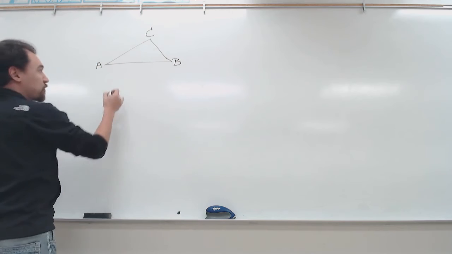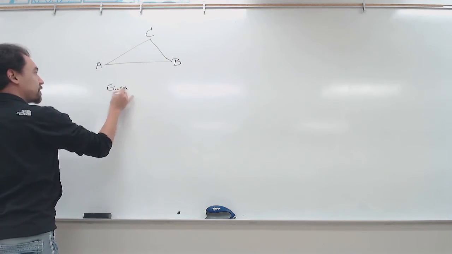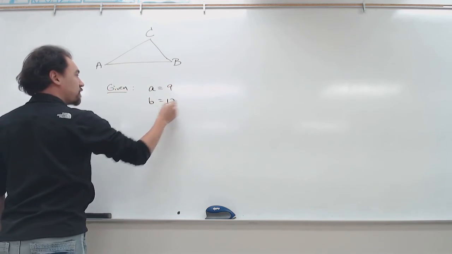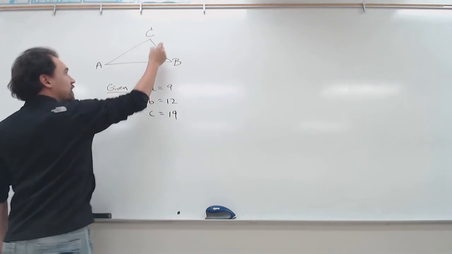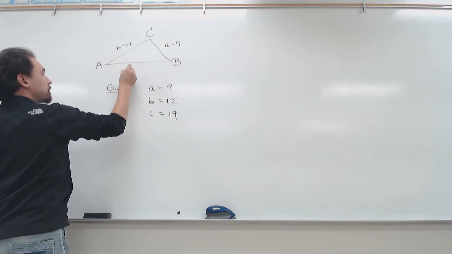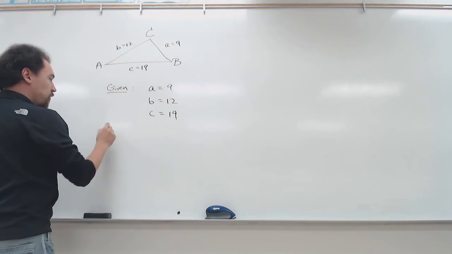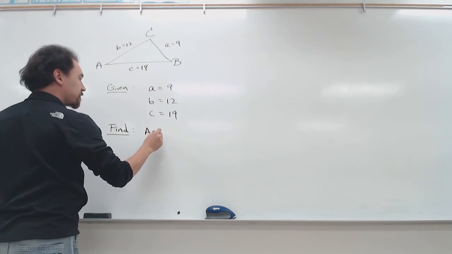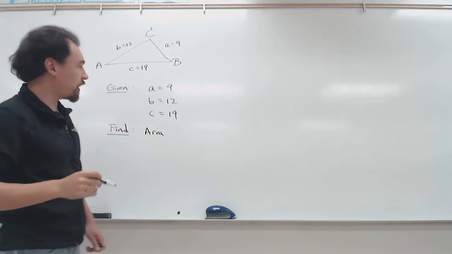We'll come back to the original example. Let's say we were given a is 9, b is 12, and c is 19. Okay. We want to find the area. So let's go ahead and apply Heron's formula.